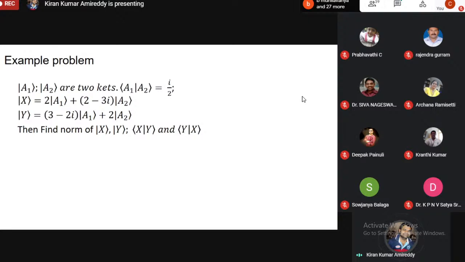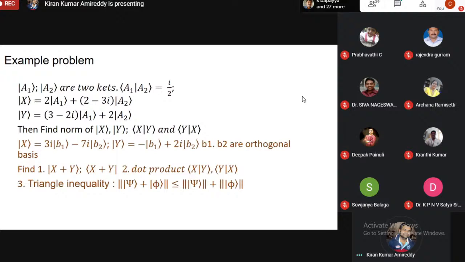So this example we solved yesterday. You can take this example and first try to find this very simple one. Here ket x is given and ket y is given in the basis of b1, b2, and here it is also mentioned that b1 and b2 are orthogonal basis.